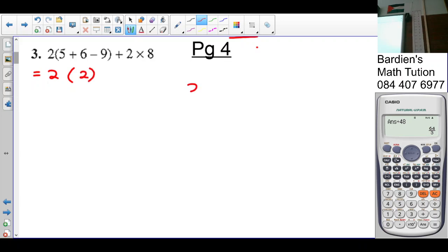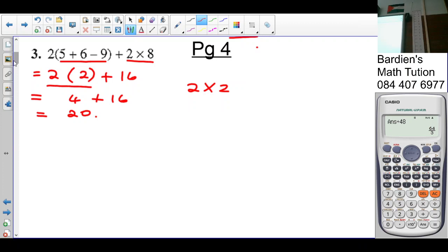So I can write it like that, or I could have written it as 2 times 2. Not so? What happens between the 2 and the bracket? Multiplication anyway. You all agree with that? Yes, sir. Plus. Sorry, not multiply the 2, just the bracket. And then we can say 2 times 8 is? 16. What's 2 times 2? 4. And 4 plus 16? 20. Okay. You all understand?